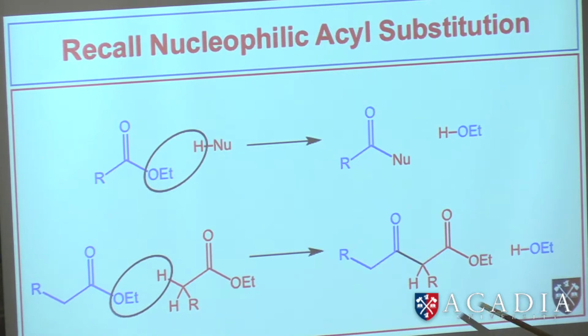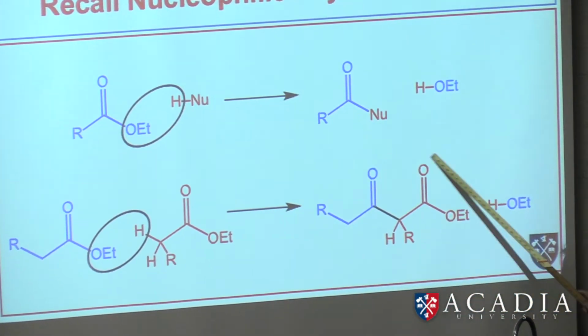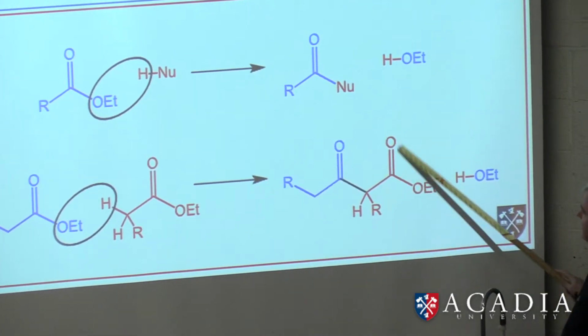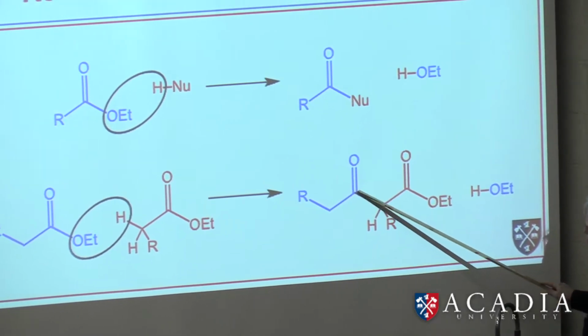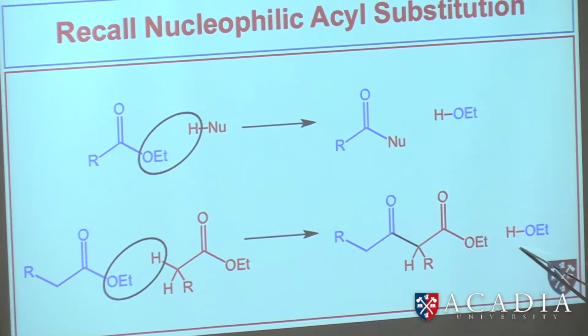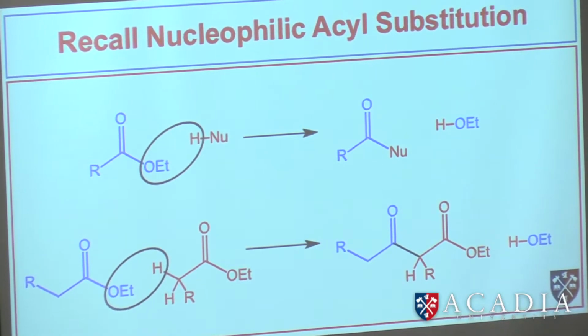So here's the electrophilic portion. Here's the nucleophilic portion. This is just Nu, right? This is our electrophile, and that's the new bond that formed. And we split off ethanol in this instance. So let's take a look at the mechanism.